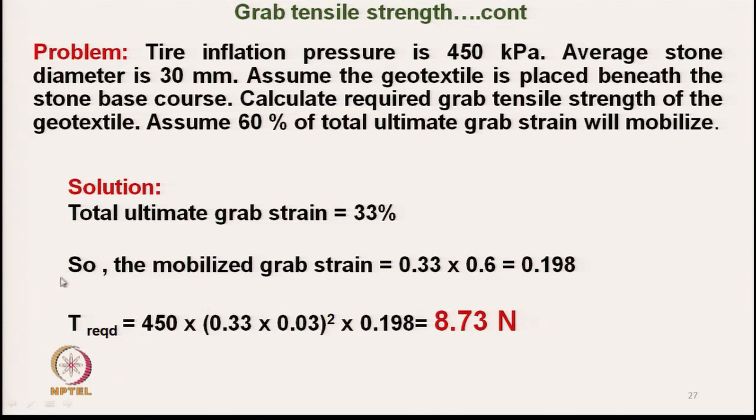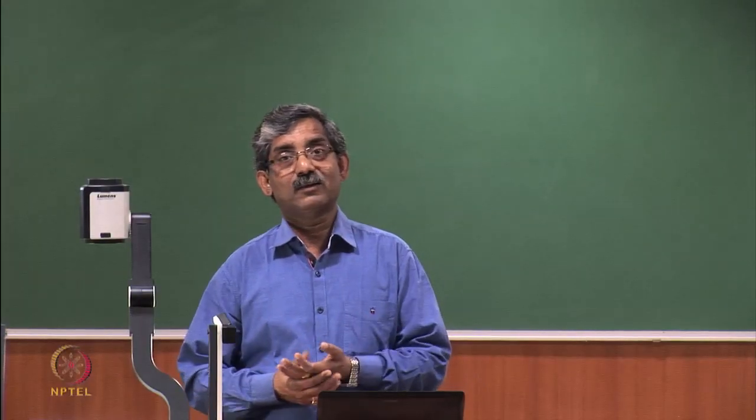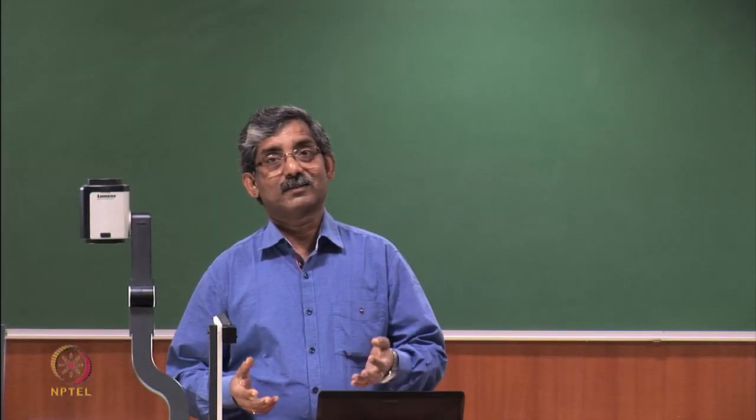So, the required grab strength of geotextile, with 450 as the pressure as per the formula proposed by Giroud, we can calculate, is coming out to be 8.73 Newton. So, that is the required grab strength of the geotextile.